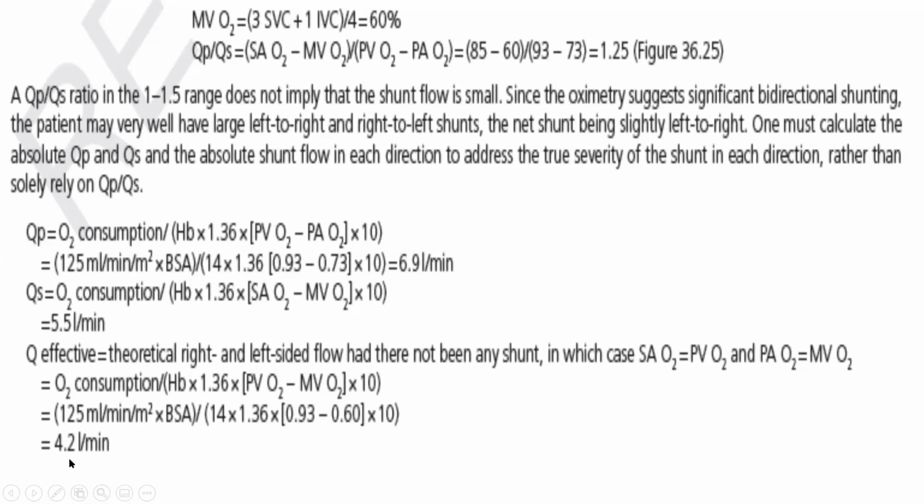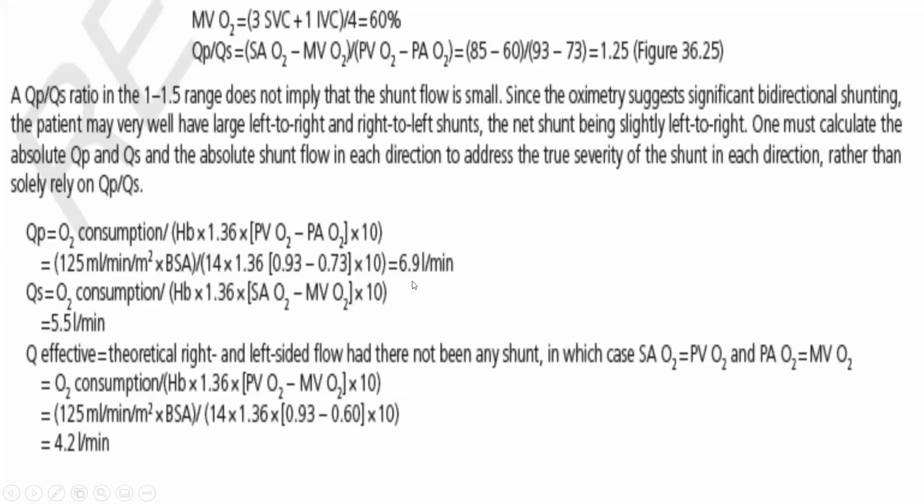So this is 4.2, and now you can do QP divided by Q effective. The better way than QP to QS to quantify shunt in every direction is to measure either the difference, QP minus Q effective, or, easier for you to conceive, QP divided by Q effective. That will be similar in numbers to what you're used to as QP to QS.